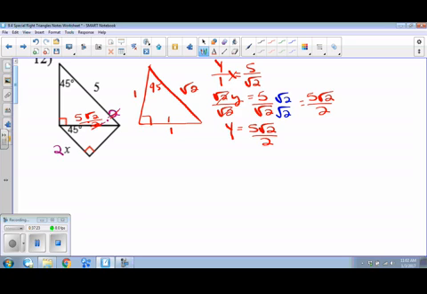In a 45, 45, 90, both of the legs are 1, 1, and then the hypotenuse is square root of 2, right? So we would say 2x over 1 equals, this is my hypotenuse, 5 square root of 2 over square root of 2.